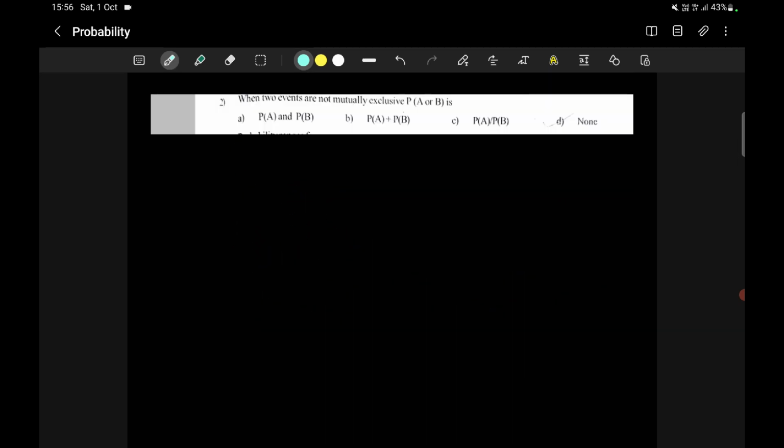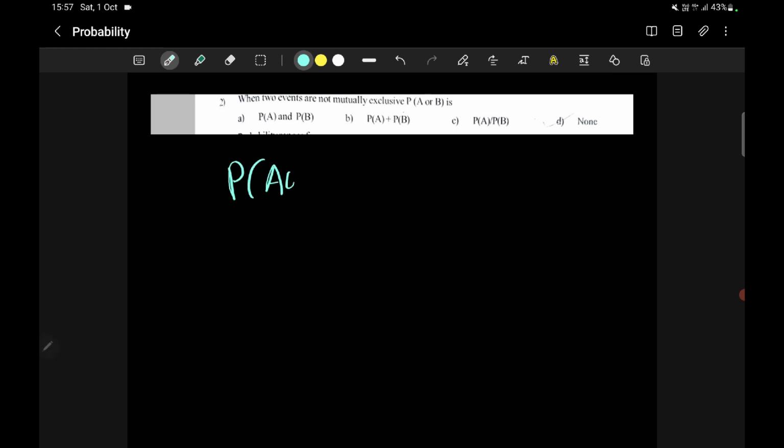Now let's solve one more example based on probability. When two events are not mutually exclusive, P of A or B is. So this is a direct question. Here you have to just mark the correct formula. Here they did not mention the option, so I'll give you the correct answer.